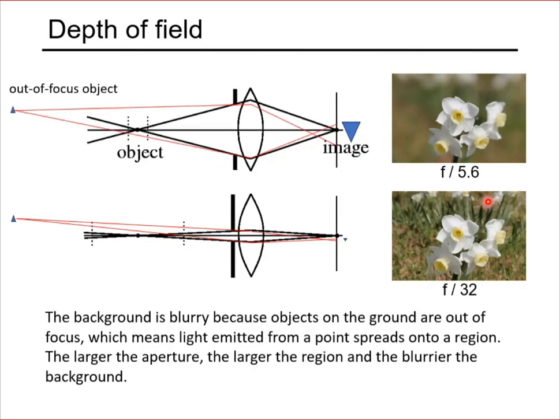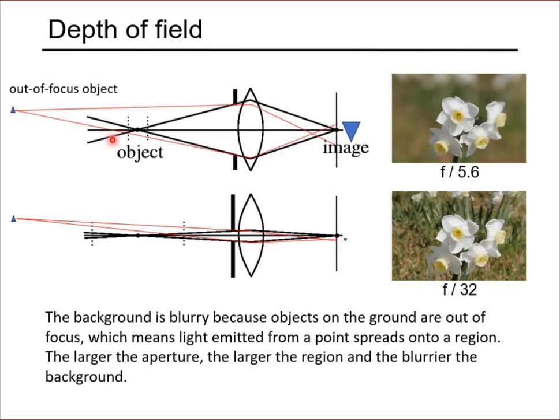So let's recall this figure. When we discussed the lens, we said the aperture is a property. If the aperture means the distance between the two blocks, when we have a large aperture, our background becomes blurry. If we have a small aperture, the background will become clear. And the reason is why? Let me explain.